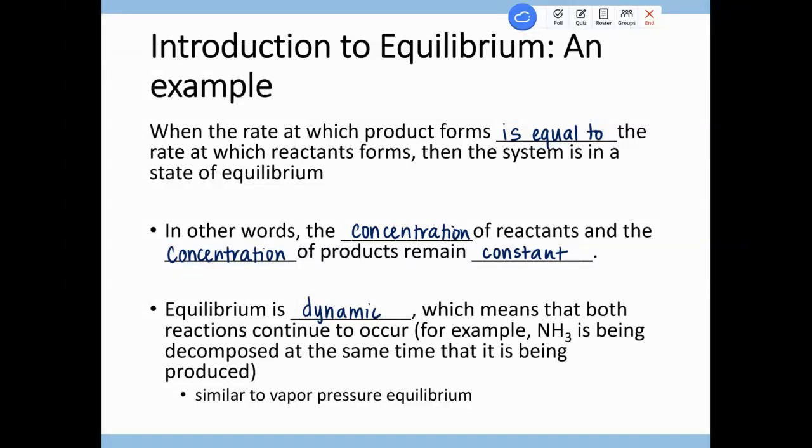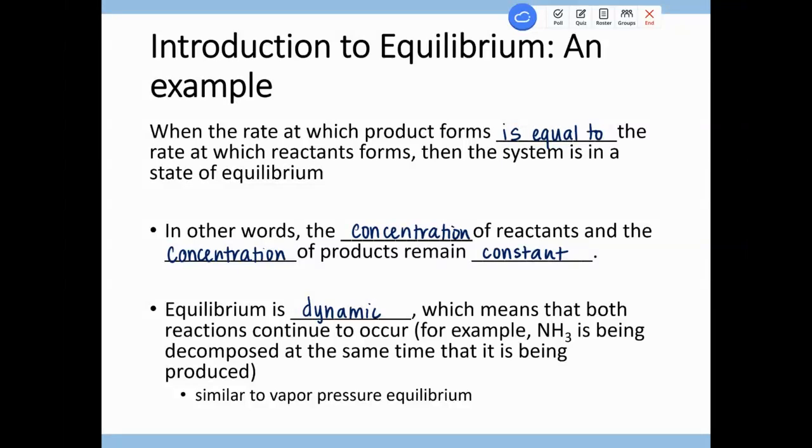It's just like when we talked about vapor pressure equilibrium, where you have that image of the liquid, and above the liquid there are gaseous molecules. At any given time, liquid molecules are evaporating to form a gas, and gaseous molecules are condensing to reform into the liquid. That is constantly occurring back and forth, but the net amount of gas present and the net amount of liquid present isn't changing because they're constantly exchanging phases.